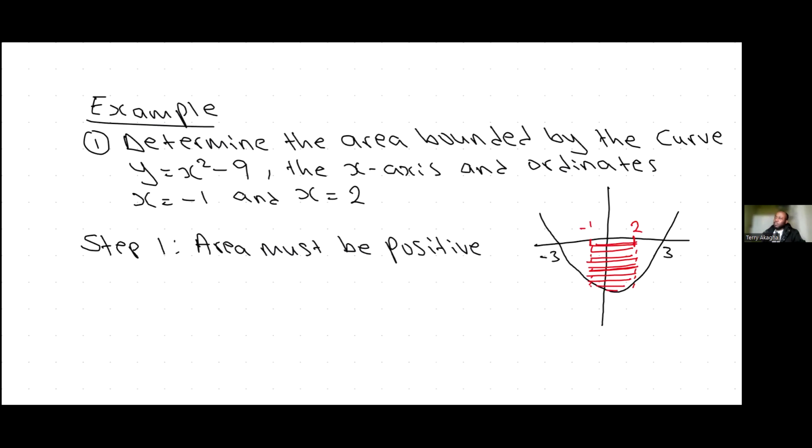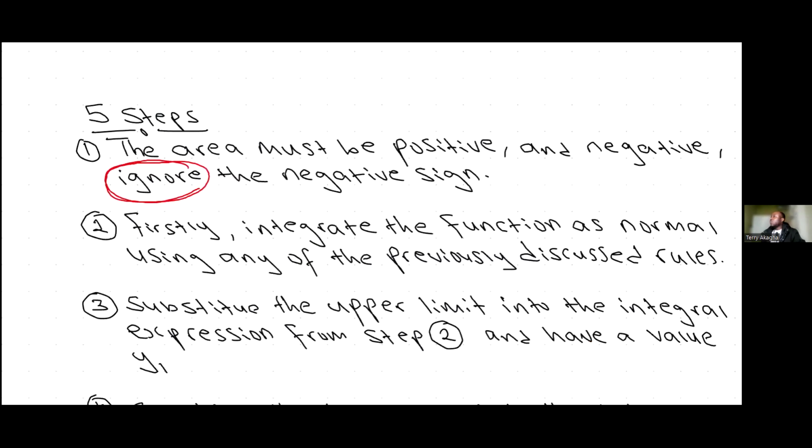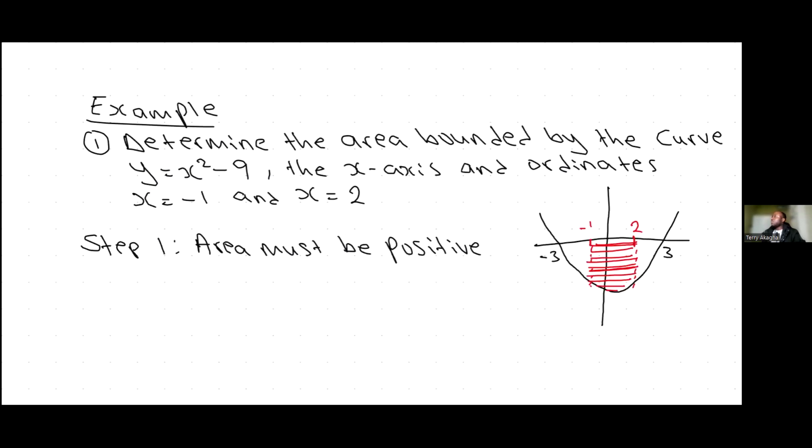So let's go. Step 2: what do we need to do? We need to integrate the function as normal using any of the previously discussed rules. So let us integrate this.